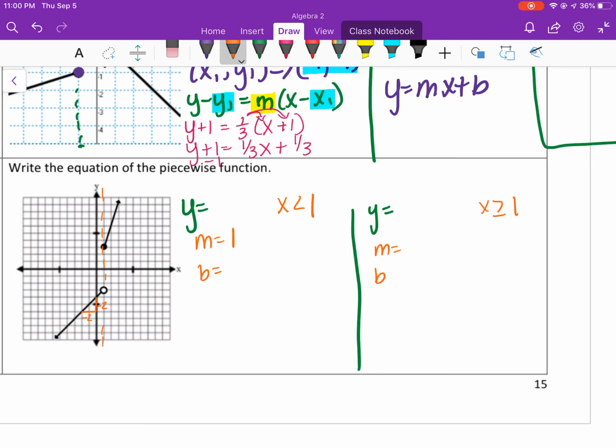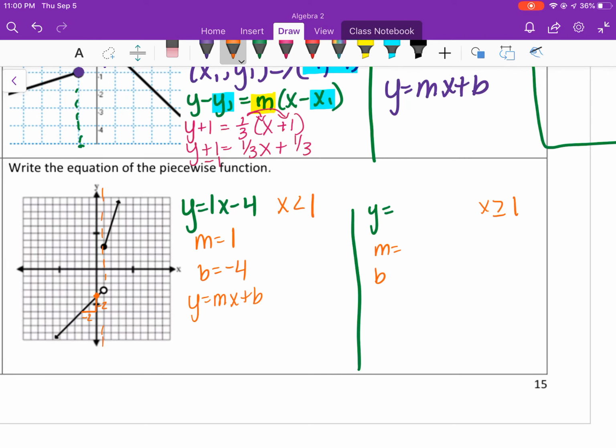And then my y-intercept is at 1, 2, 3, -4. So that's nice that I can just rewrite this one in slope-intercept form right away: 1x minus 4.